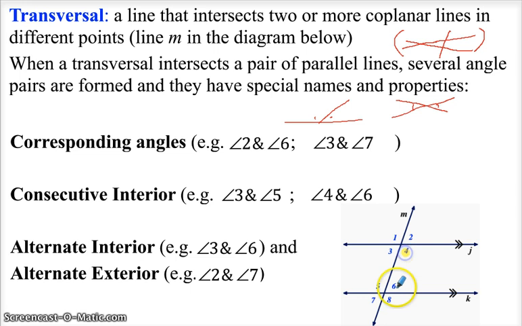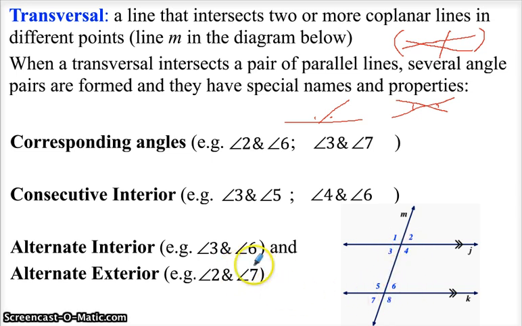So angles 4 and 6 are consecutive interior. I don't love this term, so bear with me here. 3 and 5 are consecutive interior. Believe it or not, they don't let 5 and 6 be called consecutive interior angles. So just file that away. It's got to be two angles that make a corner like this, like 3 and 5 or 4 and 6.